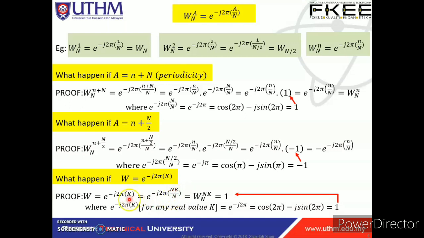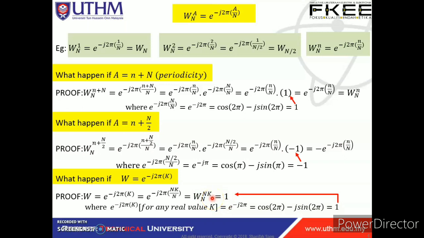When we simplify, we will get the one here. So now the weight can be represented as W, where the numerator is number of sample multiplied with k, and the denominator is the number of sample.